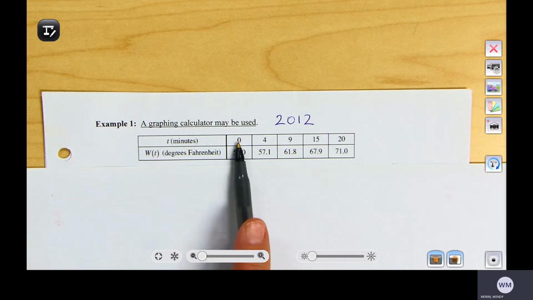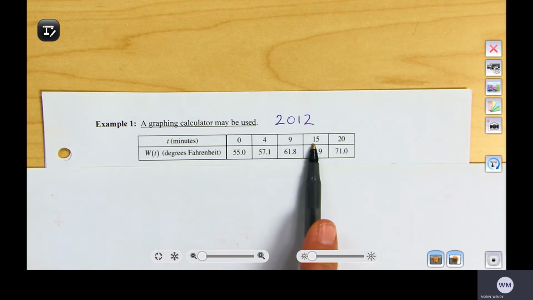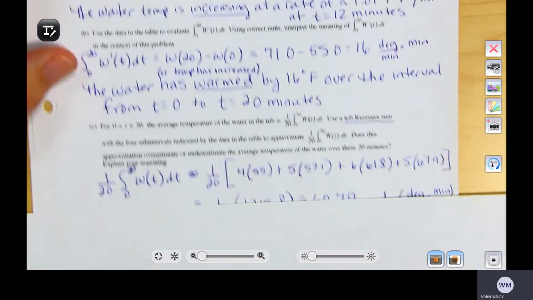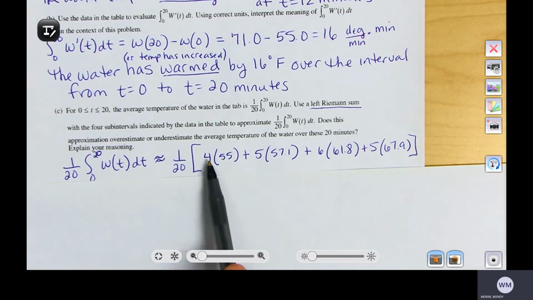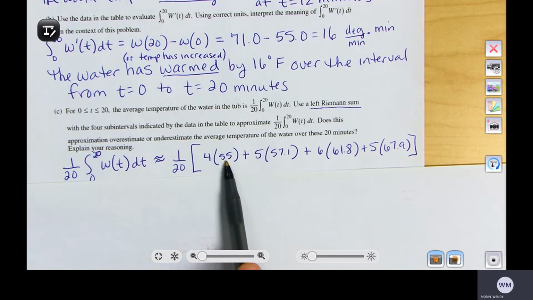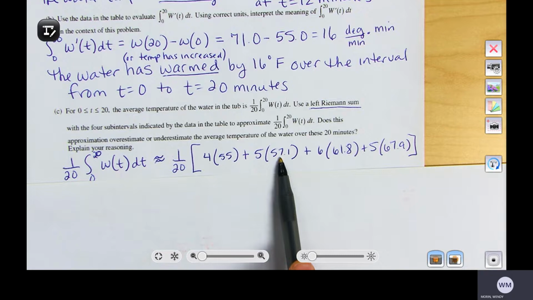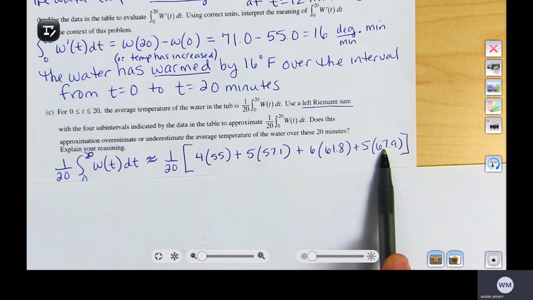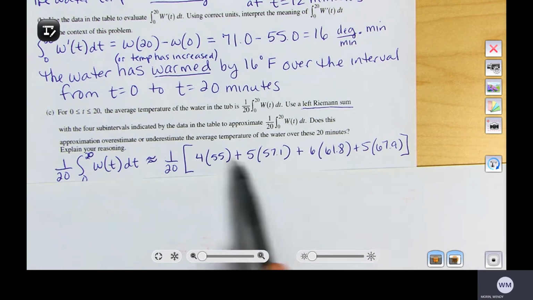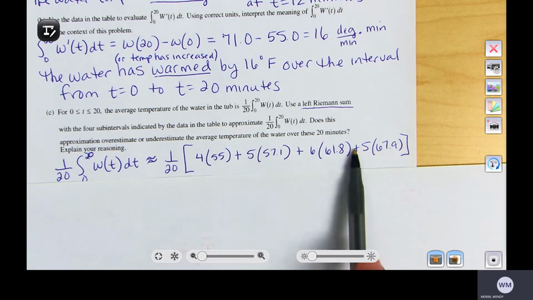It has a change in x of 4, 5, and 6, so the widths of your rectangles are all different. So this is what you get: 4 times the left height of 55 plus 5 times the left height of 57.1 plus 6 times the left height of 61.8 plus 5 times the left height of 67.9. So we've done that. That is the antiderivative of W of t.